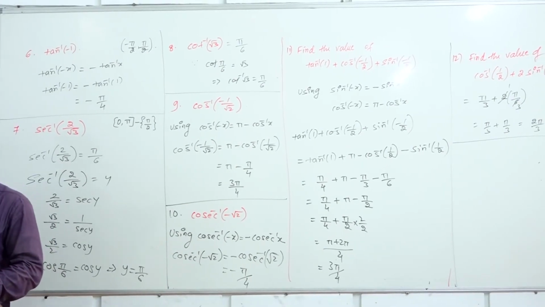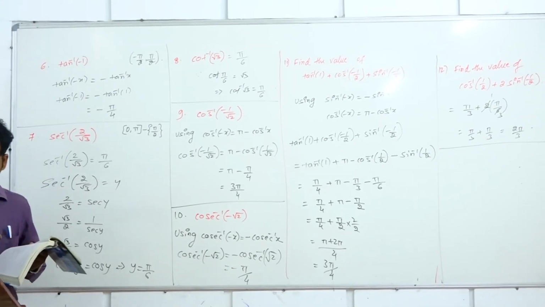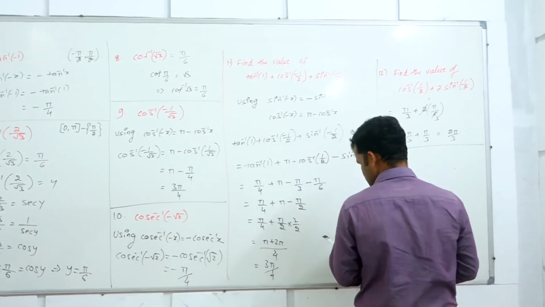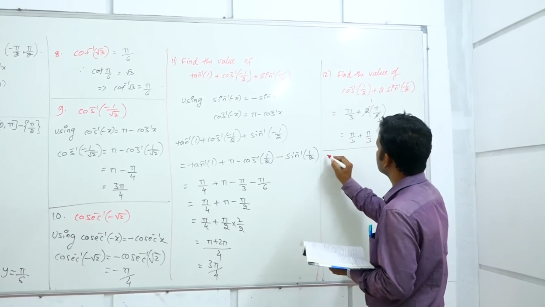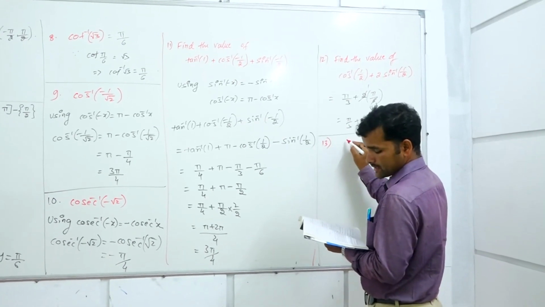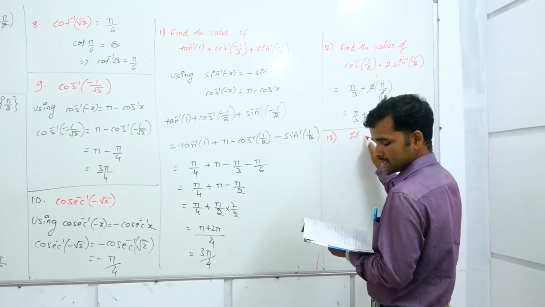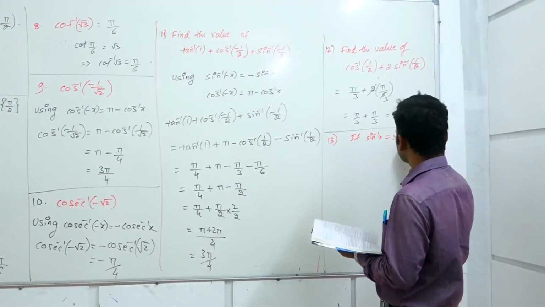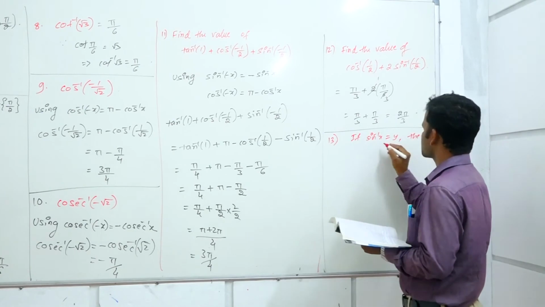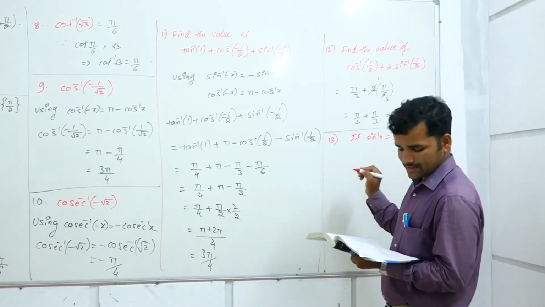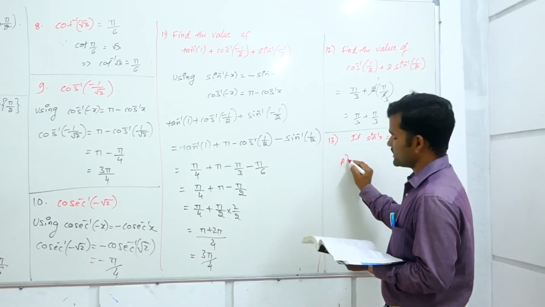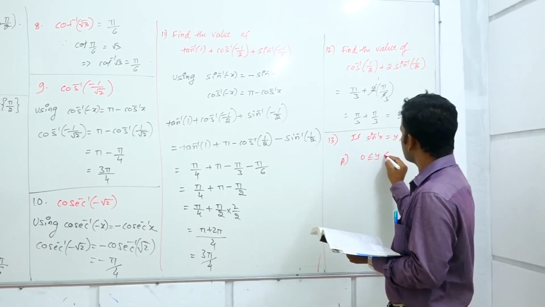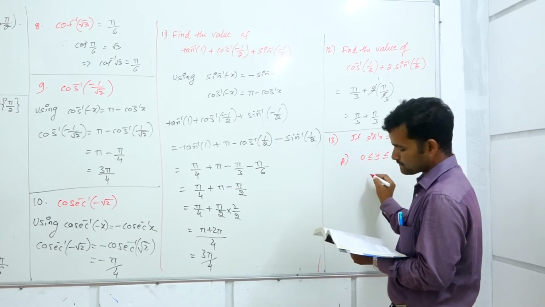Now coming to problem number 13. Problem number 13 is a multiple choice question. It says, if sin inverse of x is equal to y, then what is it? Option A, 0 less than or equal to y less than or equal to pi.